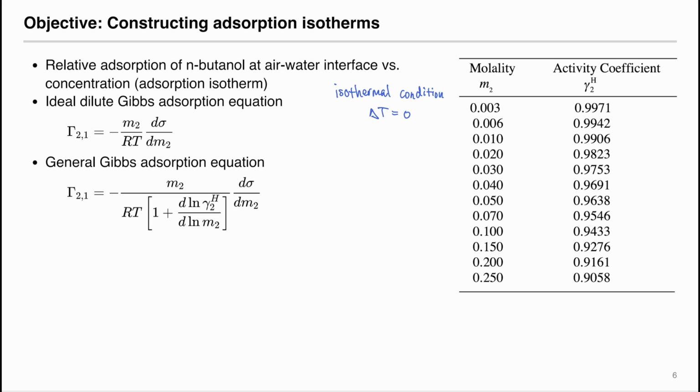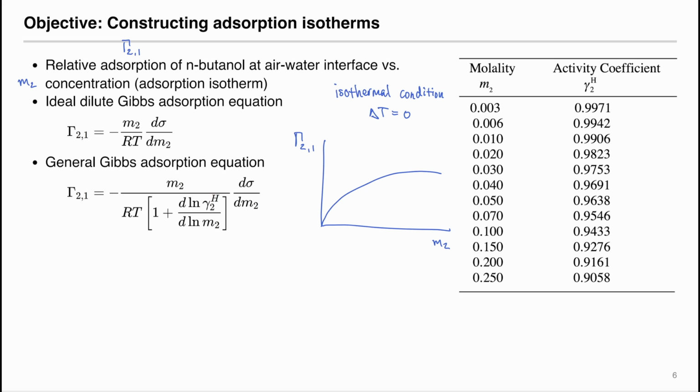And we want to see the relative adsorption, gamma of n-butanol (2) with respect to water (1) at the air-water interface, versus the concentration in molality of the n-butanol. So we're expecting a graph that looks like this. On the y-axis, we have the relative adsorption, and on the x-axis, we are plotting m2, which is the molality of butanol. And we would expect something like this.